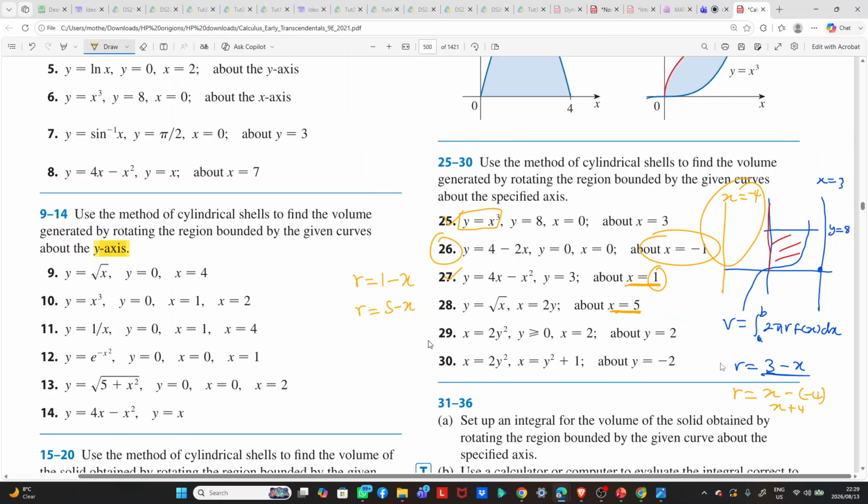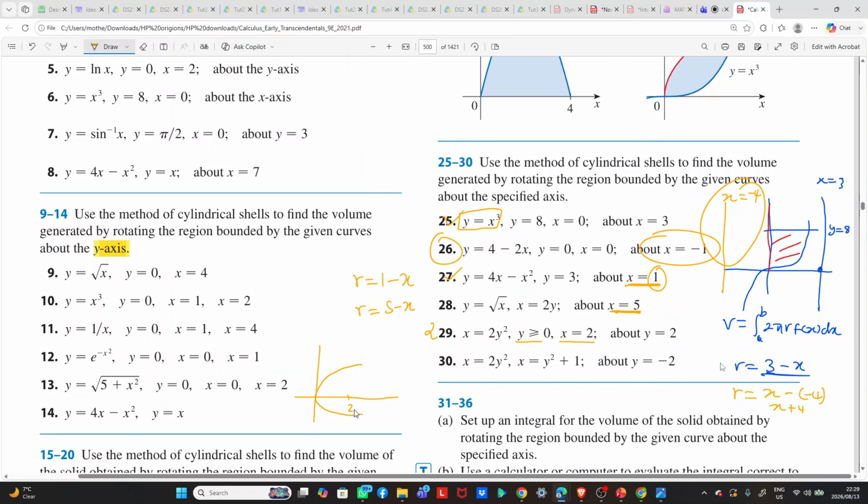What about this one? You are looking at a parabola like this. But you want to focus on where y is greater than 0, so this region, and at the line x equals 2.